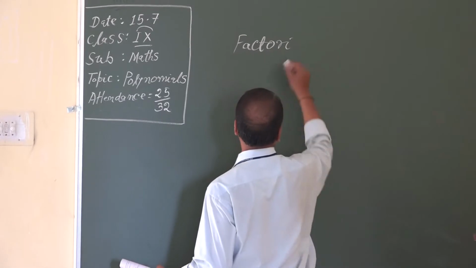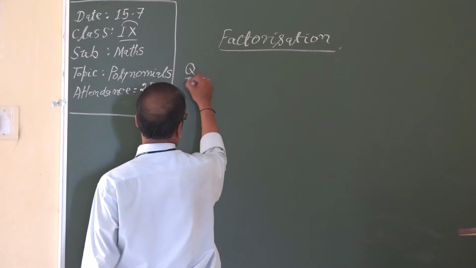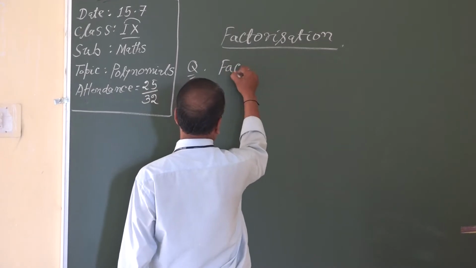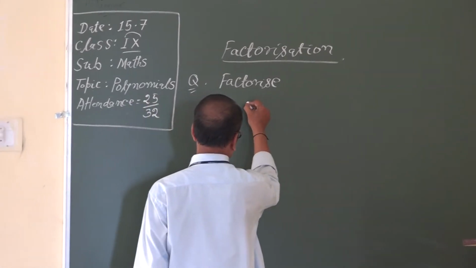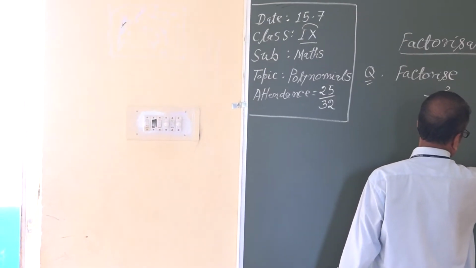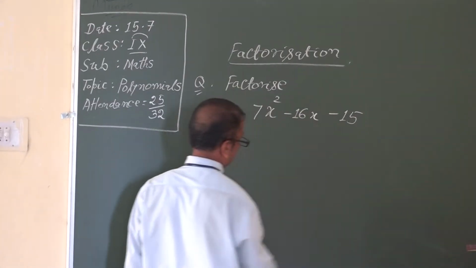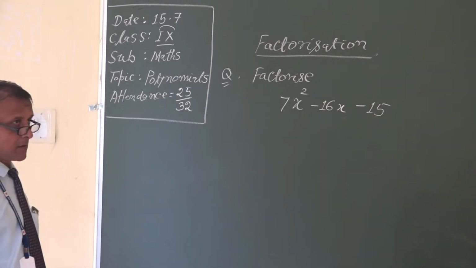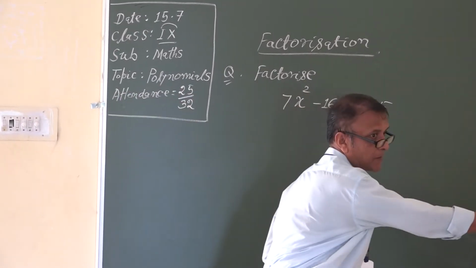Today, by one question I am explaining to you. Factorize 7x square minus 16x minus 15.